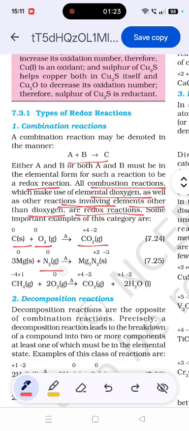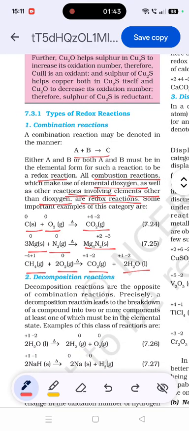See here, nitrogen. Burning of magnesium in the presence of nitrogen will give magnesium nitride. Then burning of natural gas, that is methane, will give us carbon dioxide and water. So, the first case of redox reaction is combination reaction. These are examples of combination reactions.